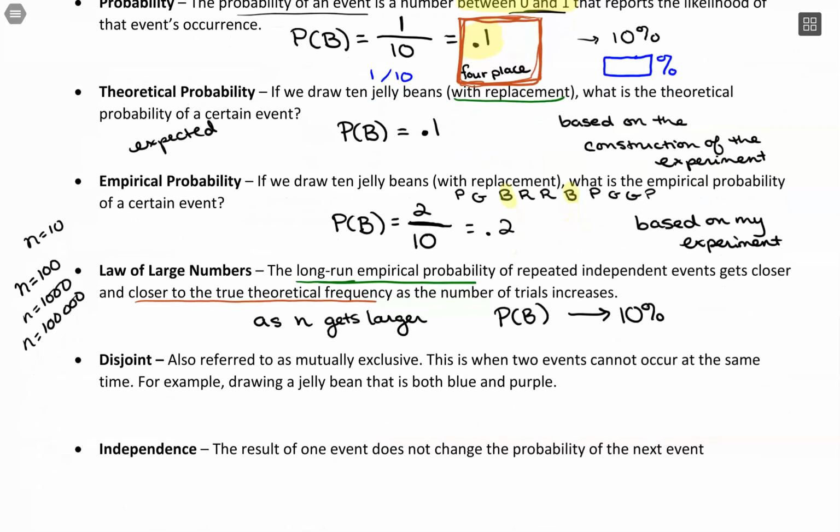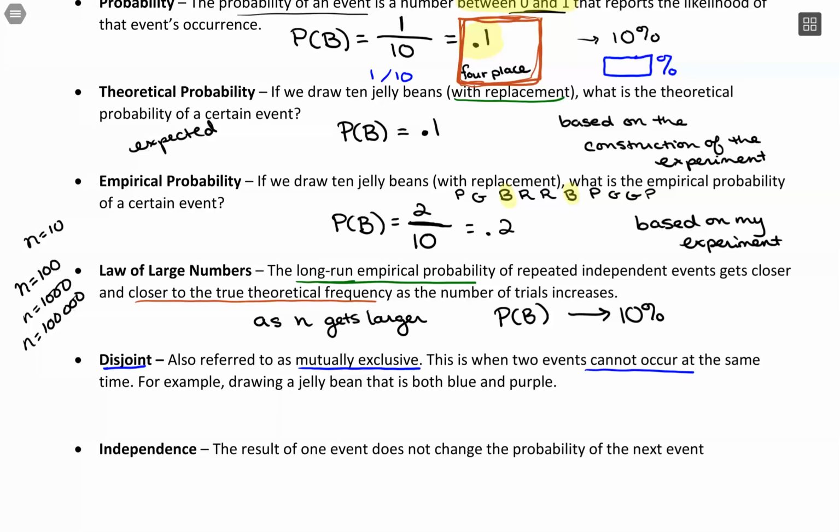All right, two last little pieces here. You're going to see this wording for disjoint show up, and we'll talk about this more in the next videos too. Disjoint, or you might see mutually exclusive, those are interchangeable, they mean the same thing. This is when two events cannot occur at the same time.